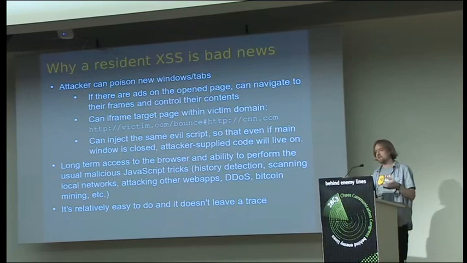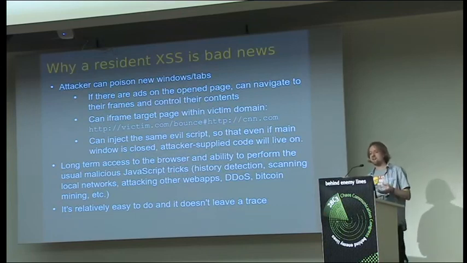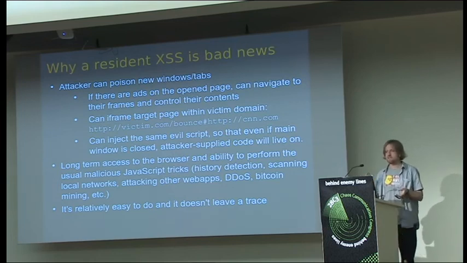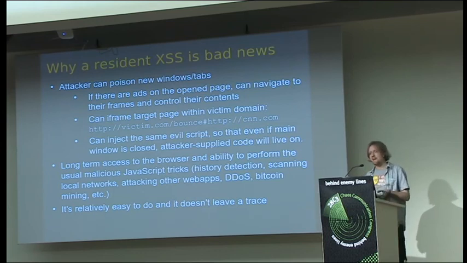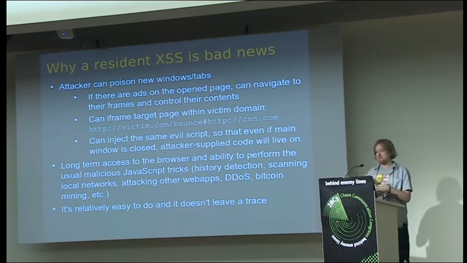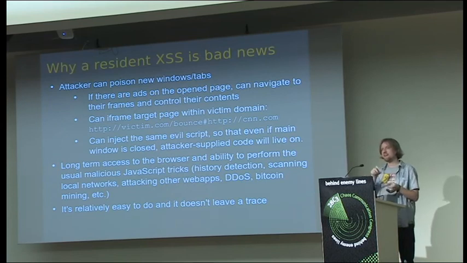And there are a few other things as well. So, for example, if you're in your webmail application and you get a link to CNN.com, what the attacker can do is open the CNN.com page in another tab and inject its own JavaScript into that page. So obviously, if there are no cross-site scripting bugs on CNN, the attacker can't do it directly.